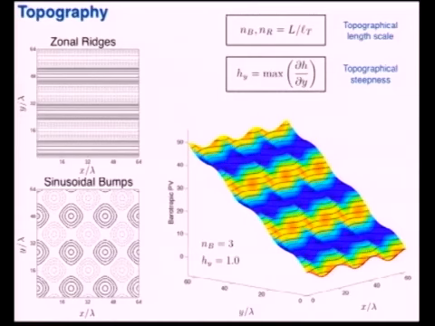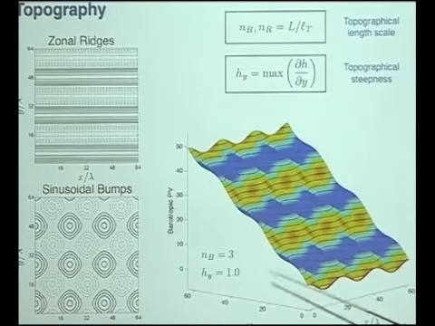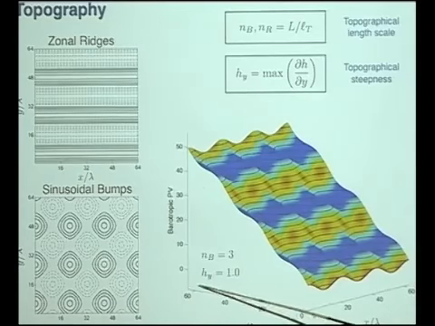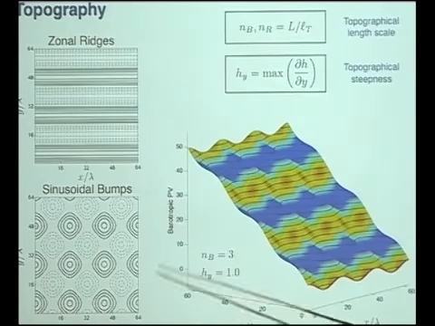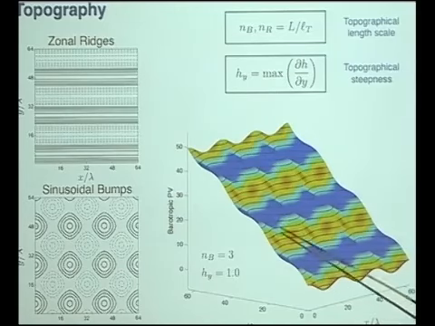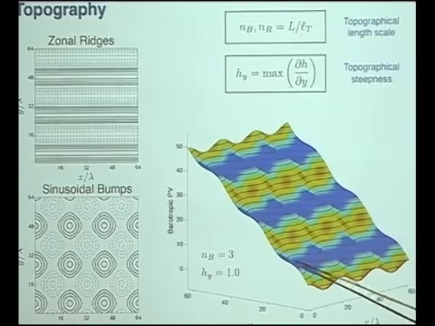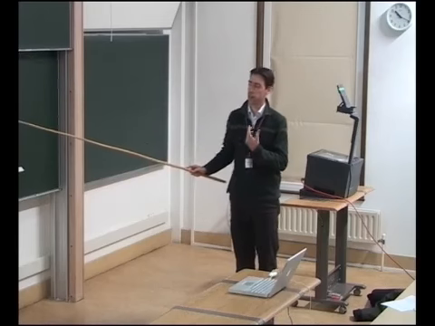Okay, and so I just have one simple plot here, so it's a little bit of a busy plot, but I just wanted to give an idea of what example topography is doing to the, in this case, barotropic PV gradient. Okay, so the surface I'm showing here is just barotropic PV. This is the zonal and meridional directions in the case with sinusoidal bumps.